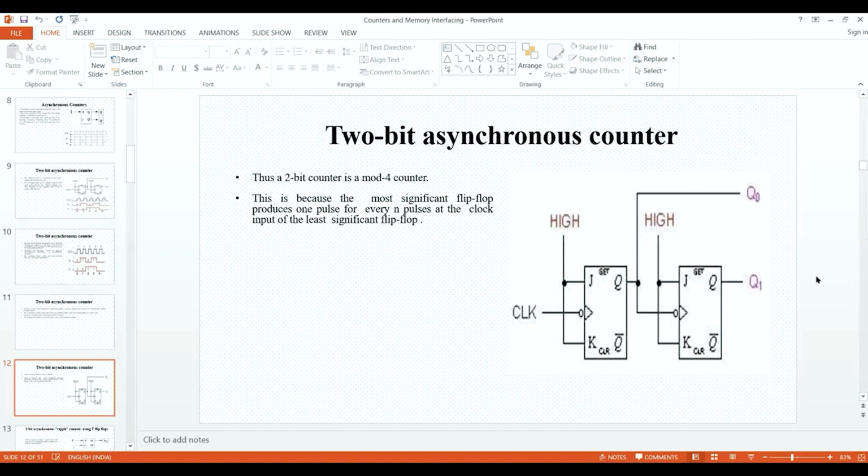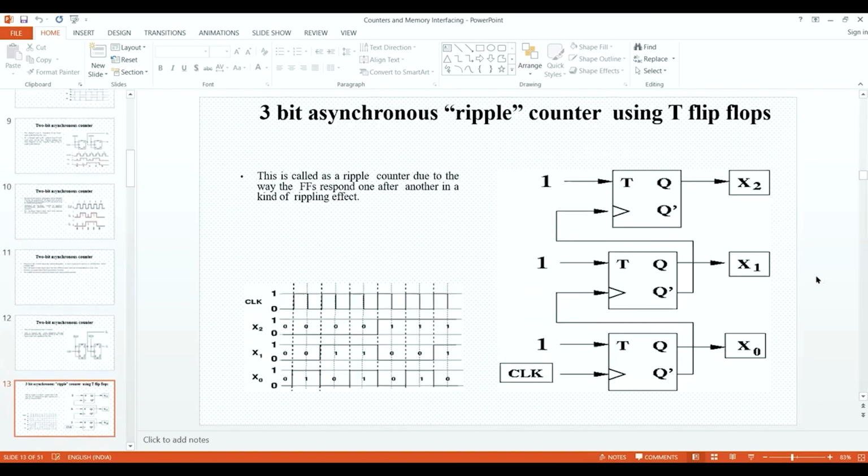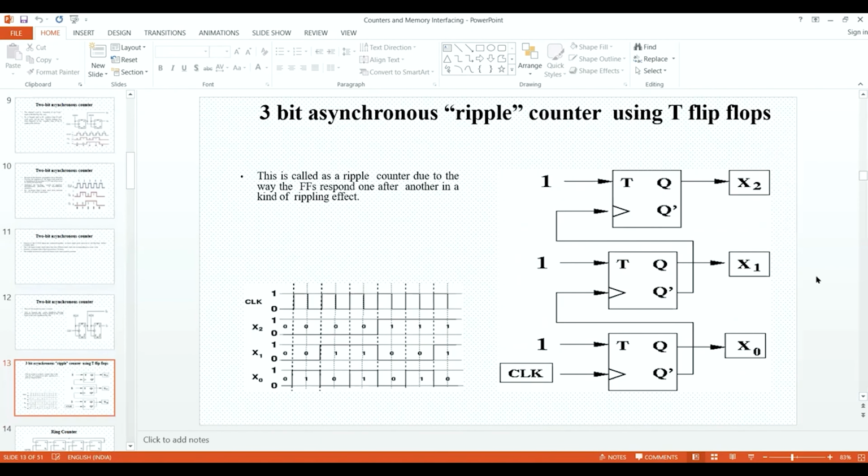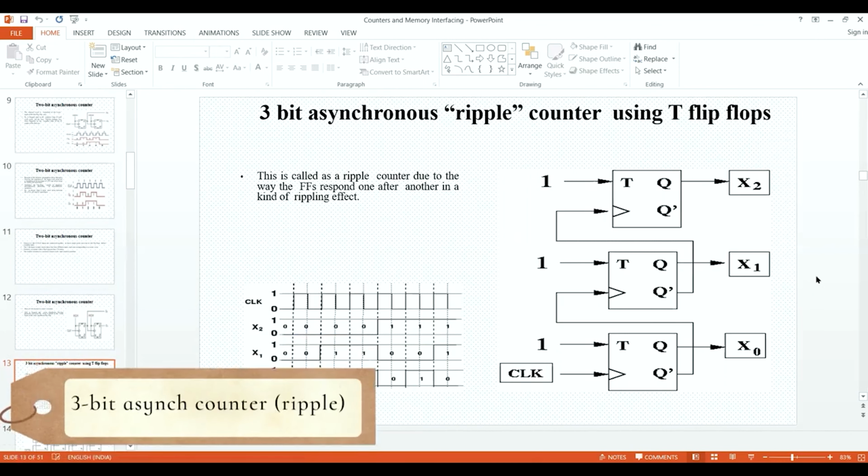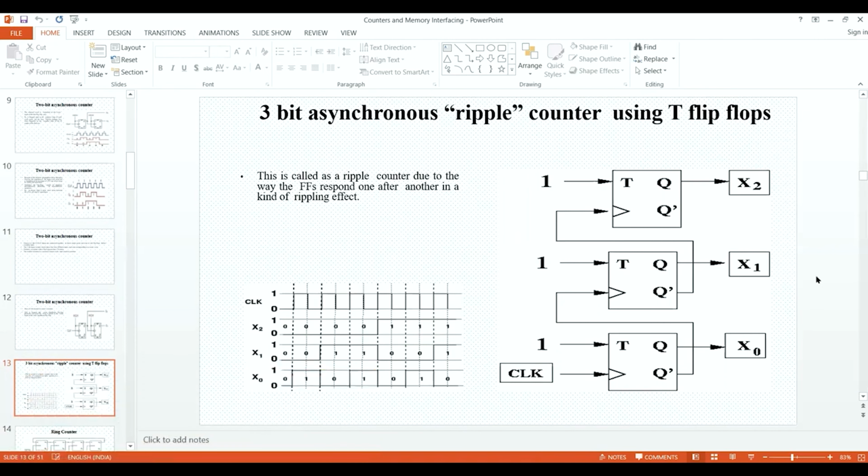So you can see the most significant flip-flop produces 1 pulse for every n pulses of the least significant clock pulse, right? So when we talk about a 3-bit asynchronous counter, as you can see, I'm using 3 flip-flops. That is fixed.